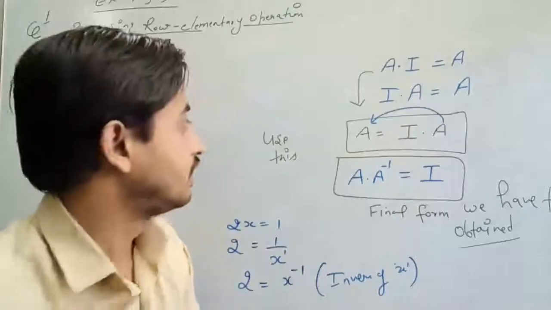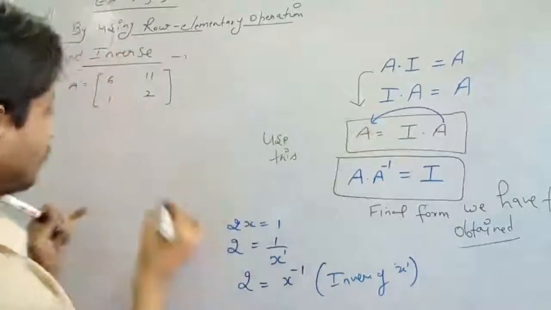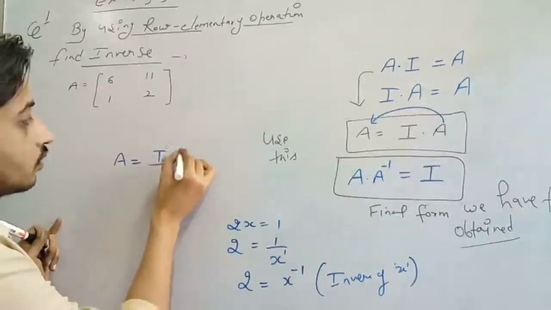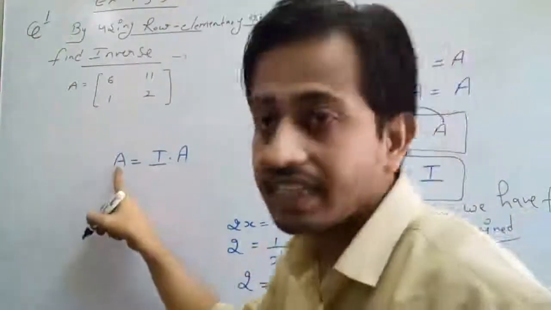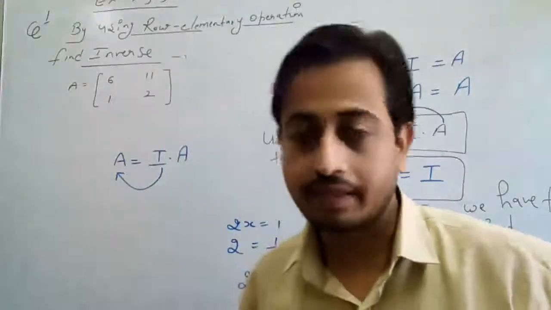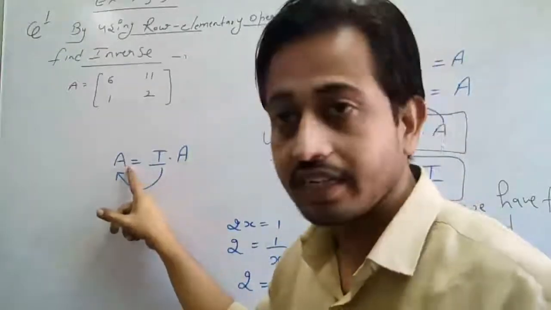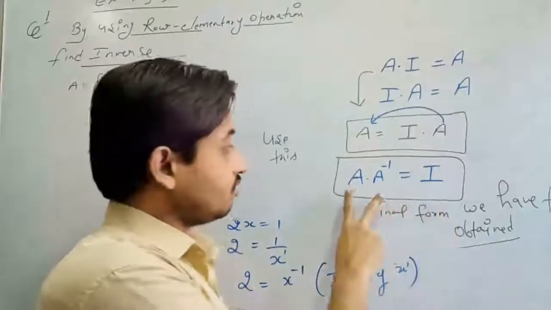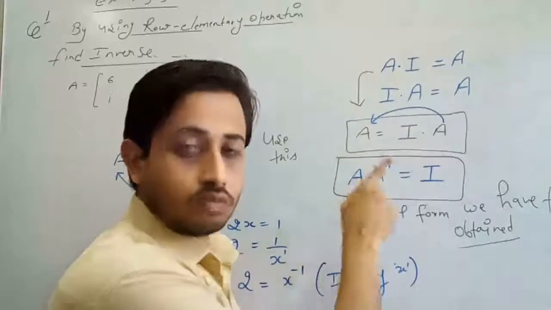I am going to repeat the concept again. Please look. We are going to use this concept: A is equal to I into A, and I will change this A into the identity matrix. If I change this A into the identity matrix, I, then we get two matrices here. The first one is A and the second one is the inverse.